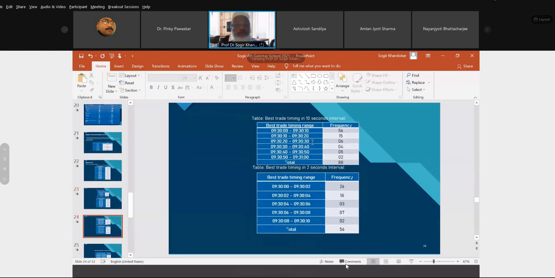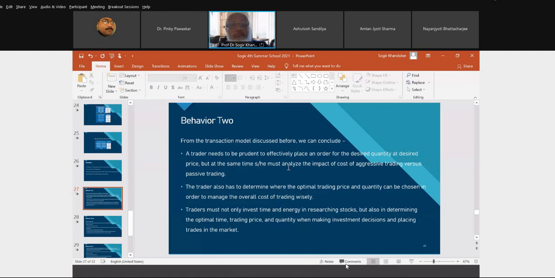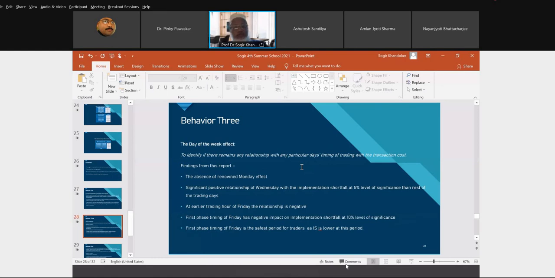Then the second behavior is which time is better for us. The third behavior is on which day we prefer to invest, whether it is Monday, Tuesday, Wednesday, Thursday, or Friday, and the timing phase of the day, whether it is the first phase, second phase, third phase, or any other.